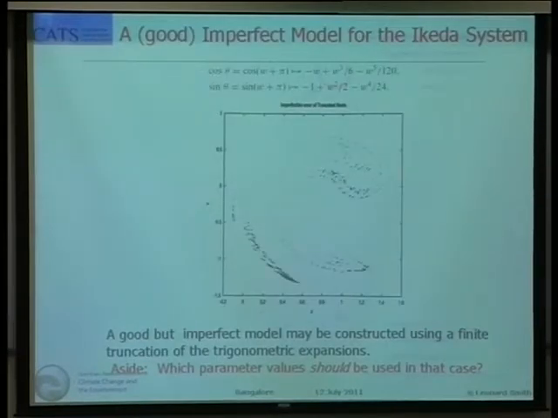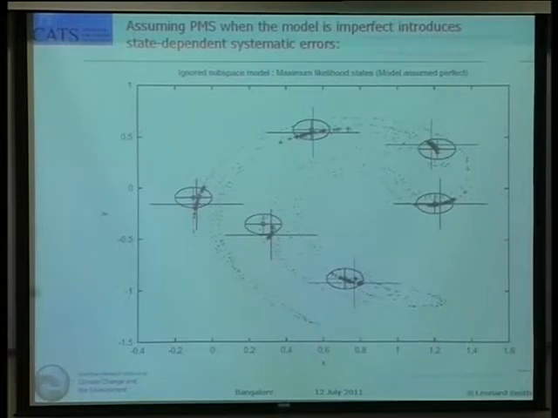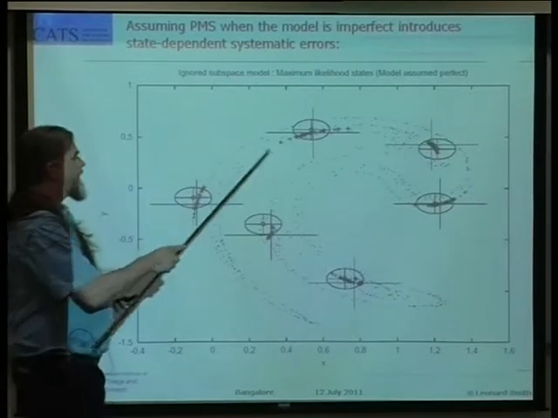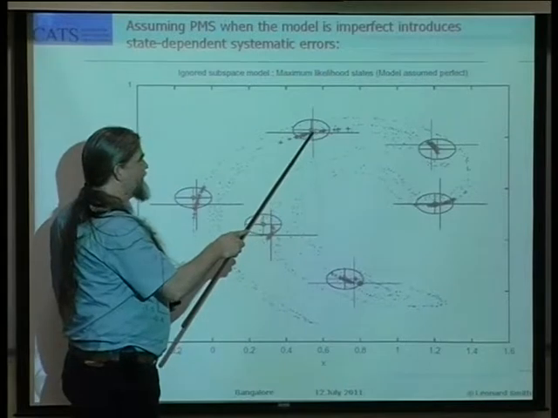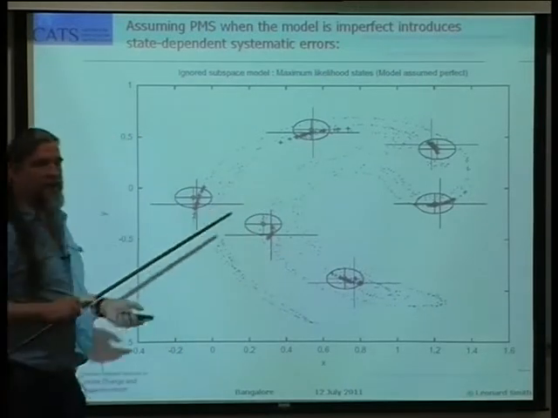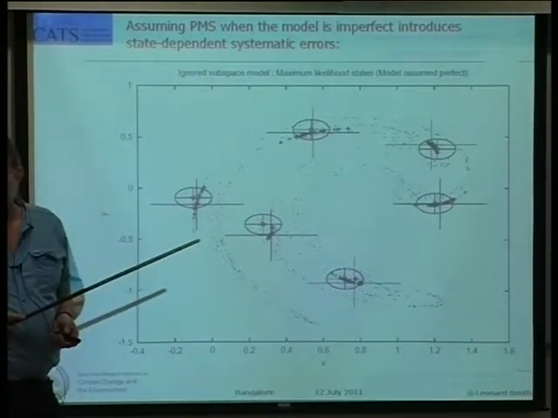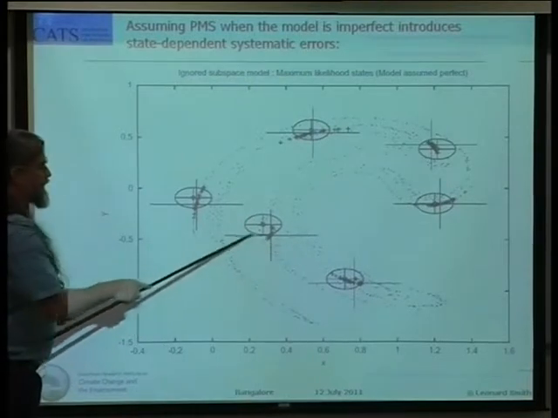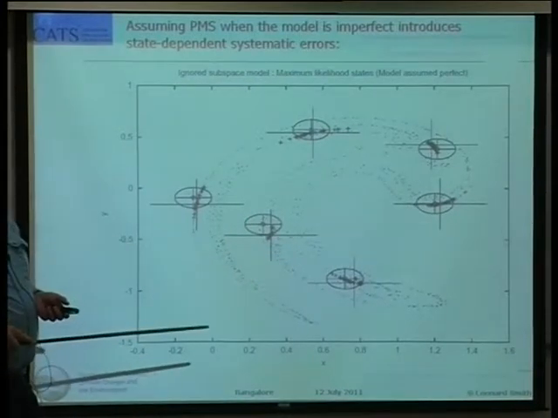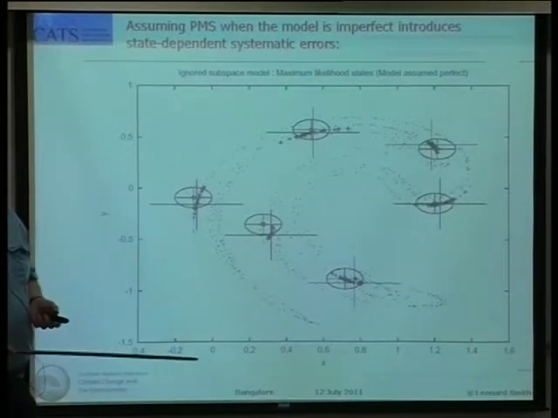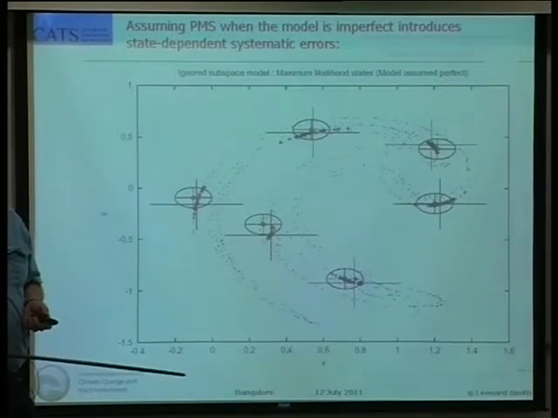Okay, this is what we just saw. So let's say we just want to keep a 4D-Var-like approach and try to find the maximum likelihood trajectory. These crosses represent a very large numerical approximation of the correct maximum likelihood trajectory.